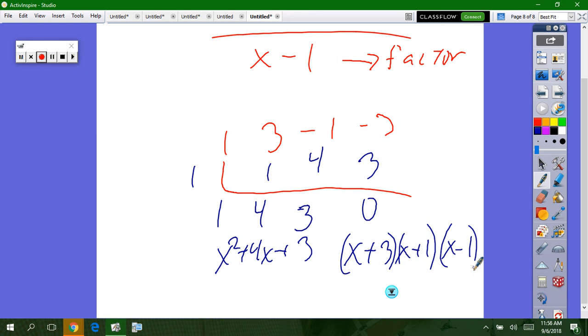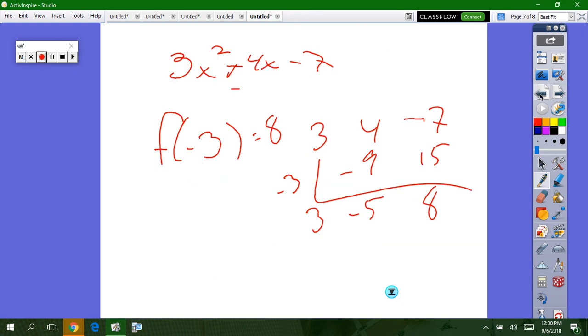All right. So the remainder theorem, brother, is, well, remember after I go completely through. So for example, if I had this, 3x squared plus 4x minus 7, and I asked you to find f of -3. So basically, you just do synthetic division, okay? And whatever the remainder is the value of your y value. So we can even check it right here.